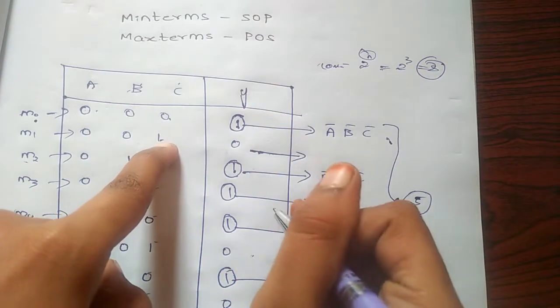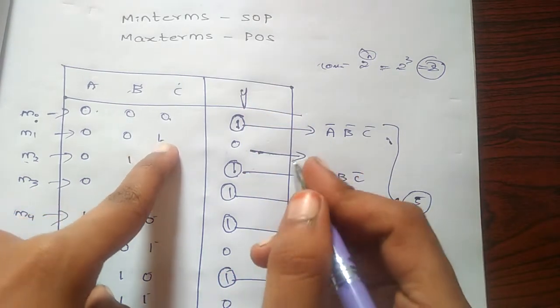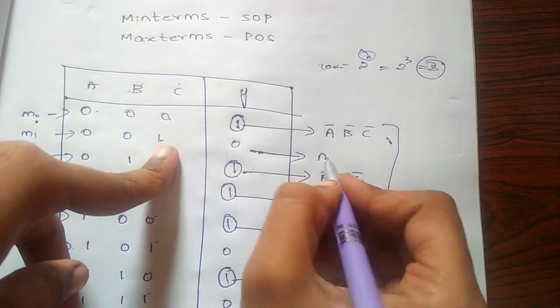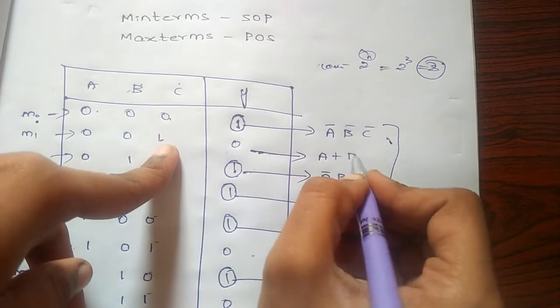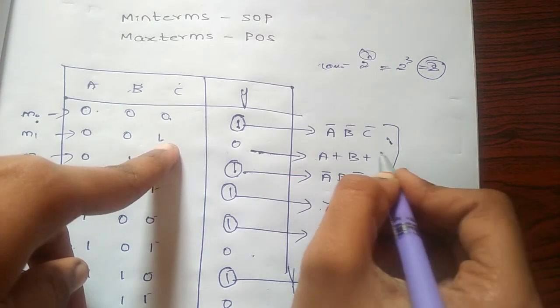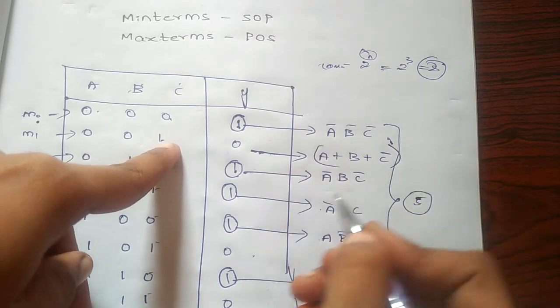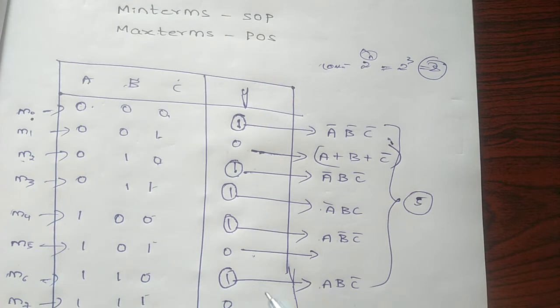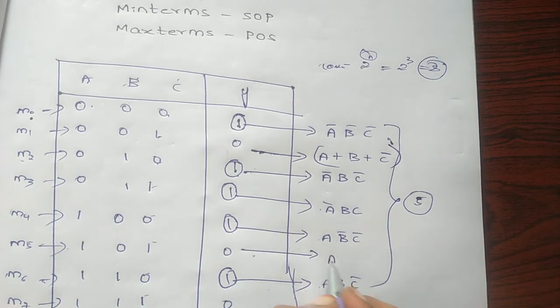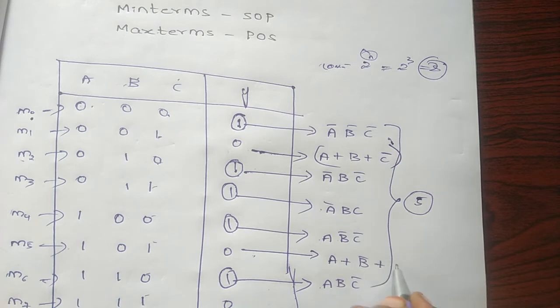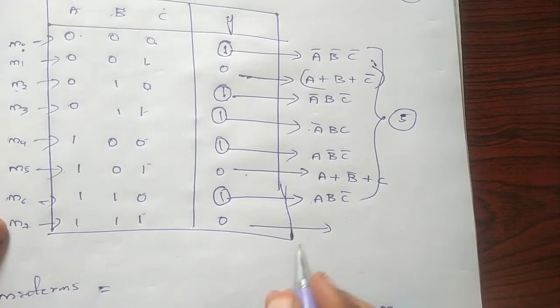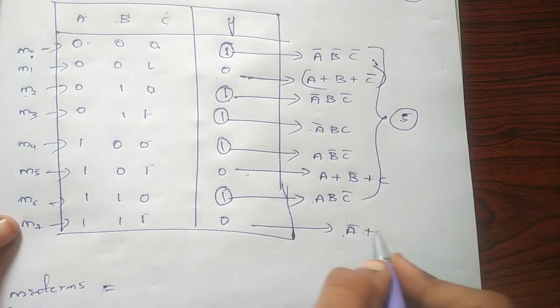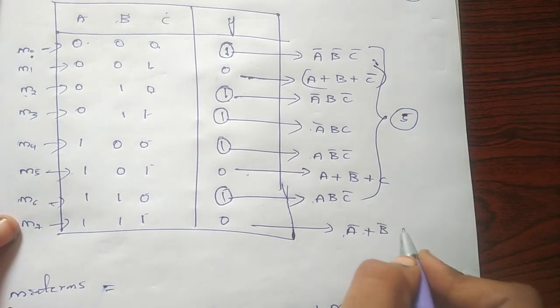Then we get A plus B plus C bar. Here A plus B bar plus C. Here A bar plus B bar plus C.